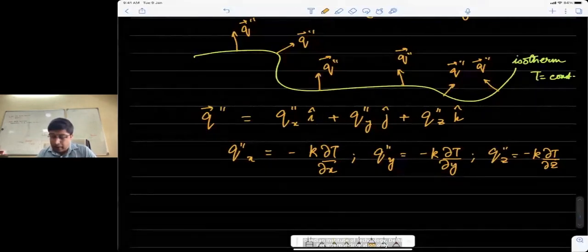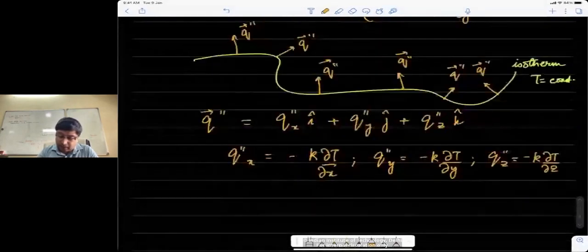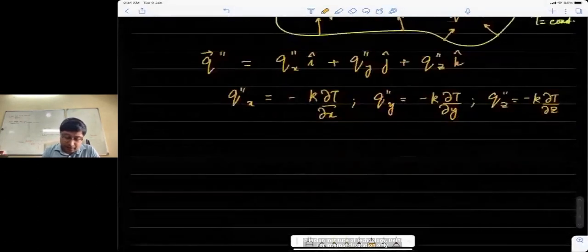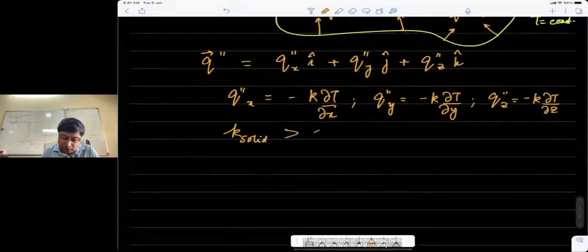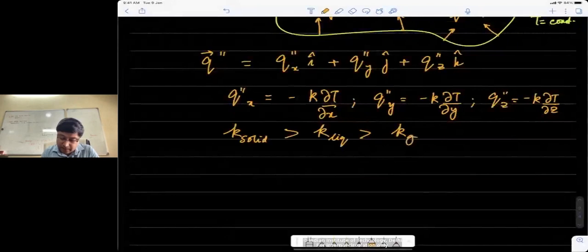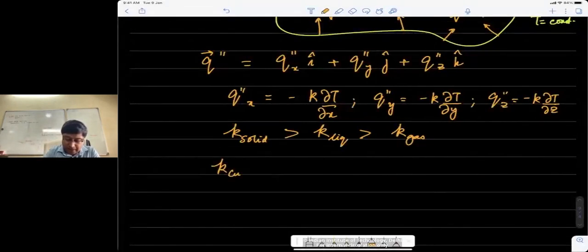Now, in general we can write that the thermal conductivity of a solid is more than the thermal conductivity of a liquid, which is more than the thermal conductivity of a gas. The simplest example I can give you is that K of copper, which is one of the best thermal conductors, is roughly 390 watt per meter Kelvin.